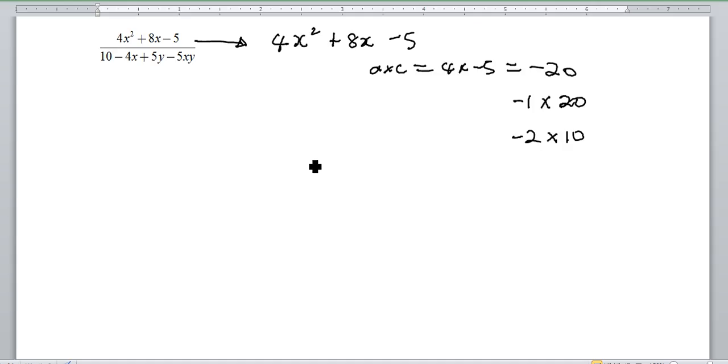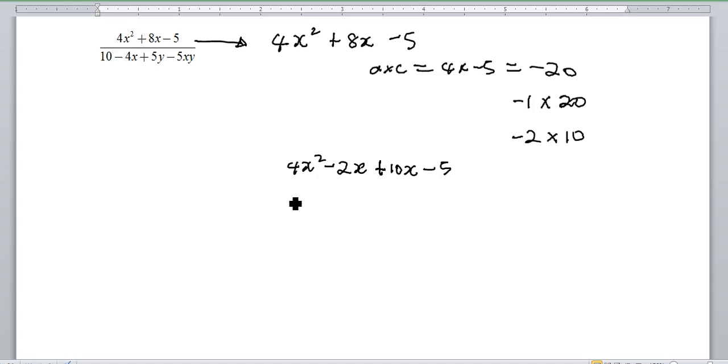So let's write that here. I'm going to have 4x squared minus 2x plus 10x. So you see we still have the 8x there, okay? Minus 5, and then you're going to do what they call group and factorize, or use the distributive law twice.